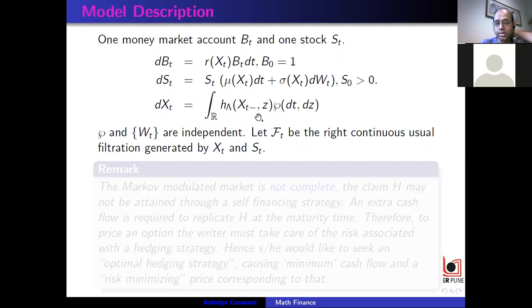For the time being, we accept that a Markov chain, which is essentially a step function, piecewise constant, can also be written as the solution of an SDE, where h is the integrand. h depends on the choice of lambda, the intensity matrix. And p is the Poisson measure with intensity, say, Lebesgue measure.